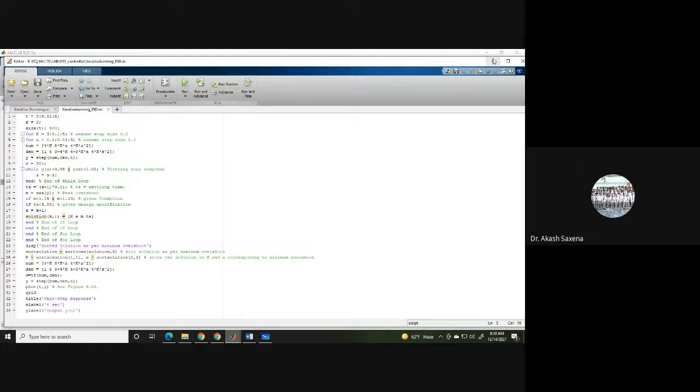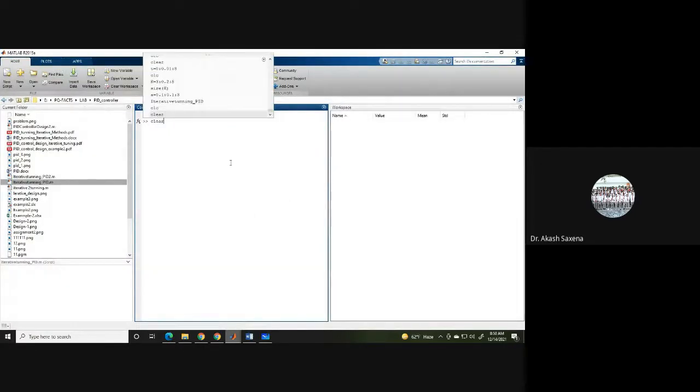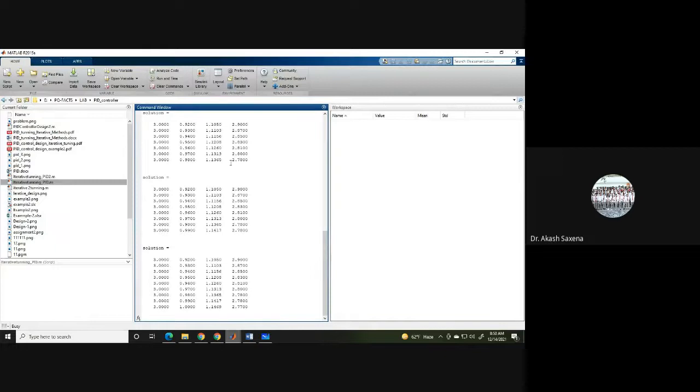So this is iterative tuning PID. You will be able to see that there are more solutions appearing, and the size of this array is bulky now, because we have changed the time step as well as the step of the value of K and A. For every possible value of K, it is checking A, and in this way you will be able to design it.